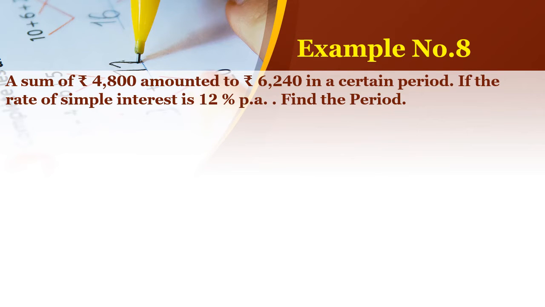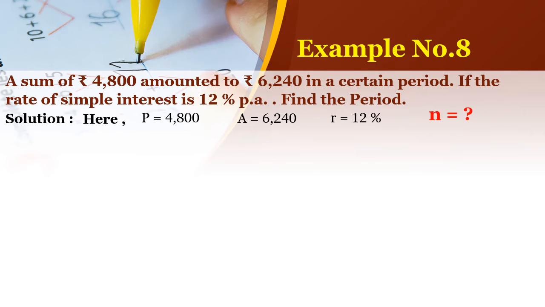So solution given here, first we write down the given. So here P is equal to 4800, A is equal to 6240, R is equal to 12%, and we have to find here the n. N is equal to question mark. So when the amount value is given, at that time we use the second formula. The second formula here, therefore A is equal to P in bracket 1 plus R into N upon 100 bracket complete, and putting the value in the formula.